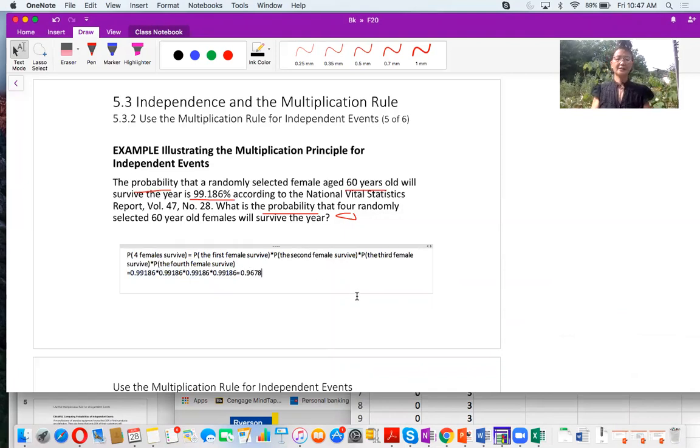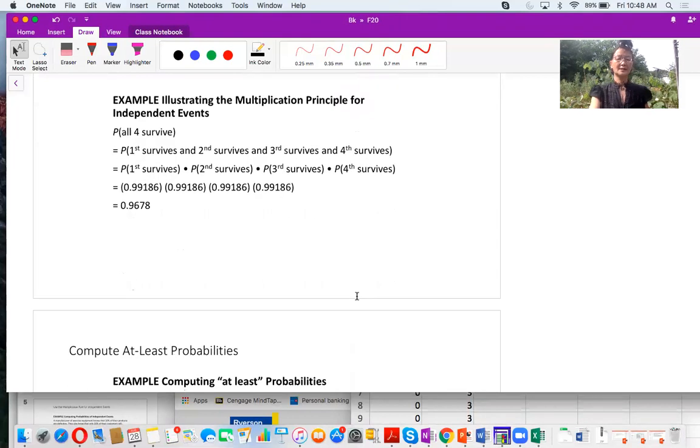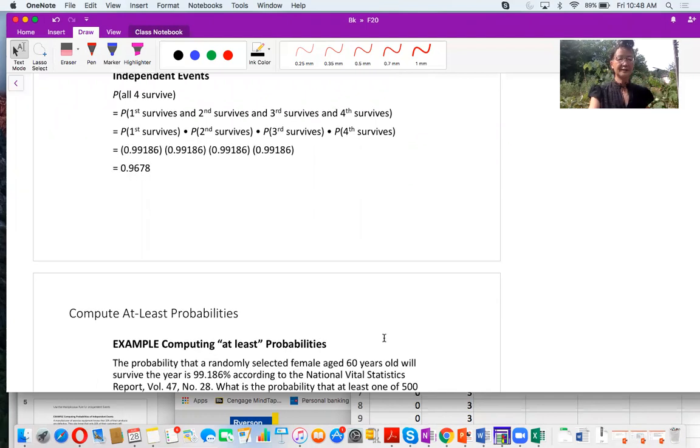So if you have multiple independent events, you just multiply each probability. Actually, the solution is here. Okay, I already did it.